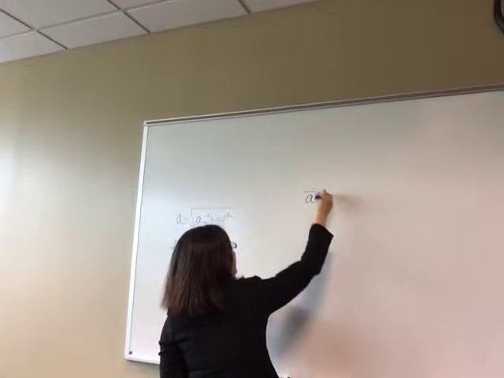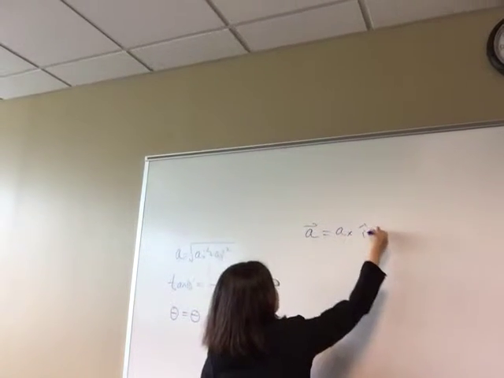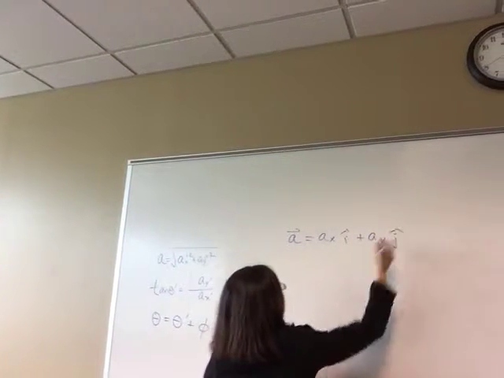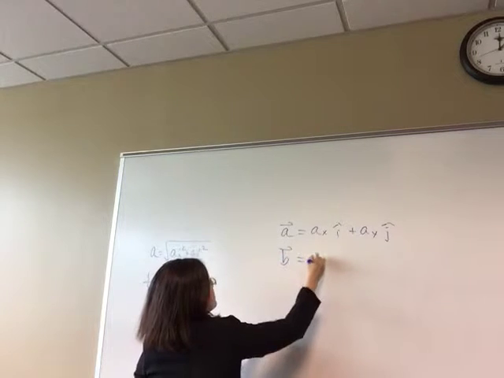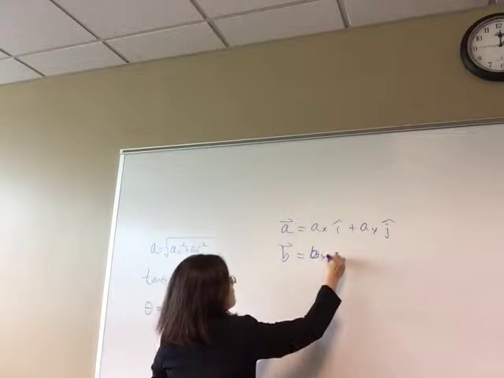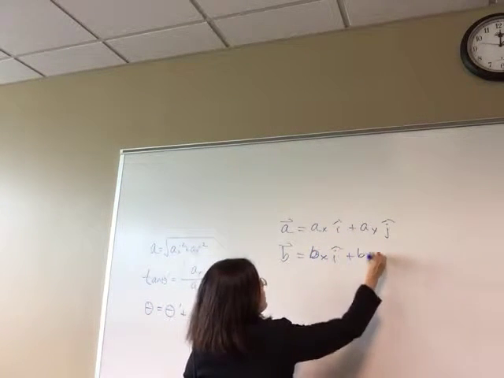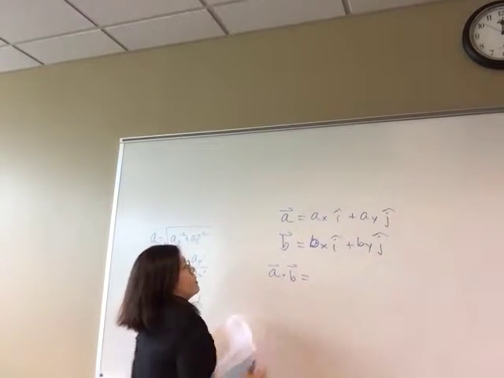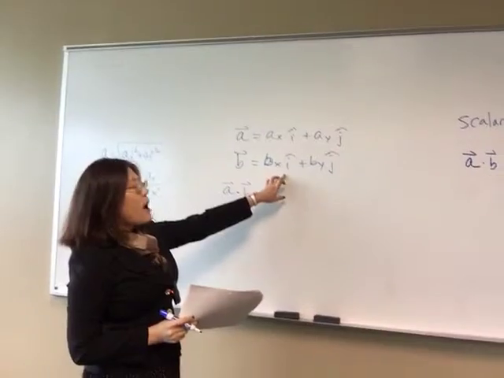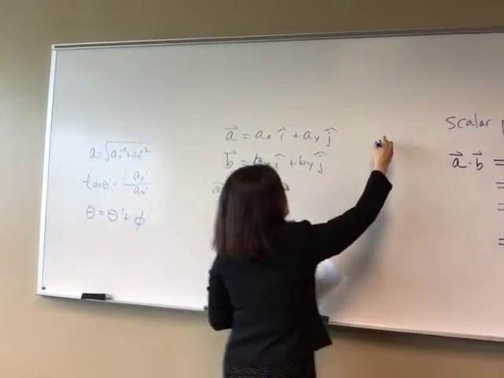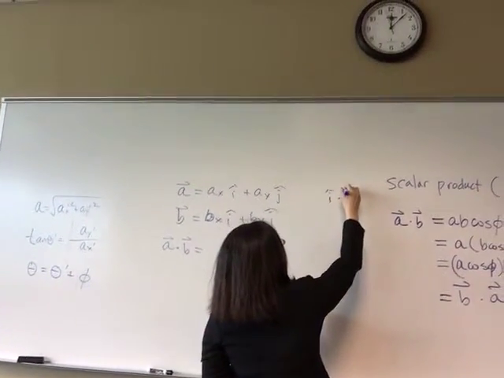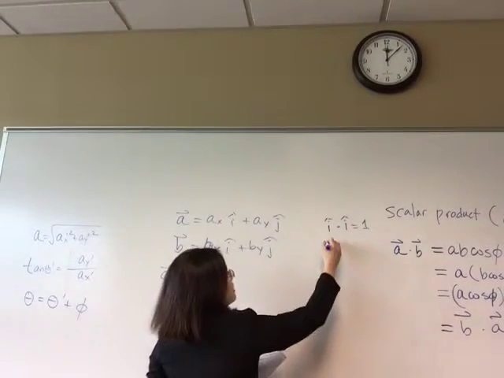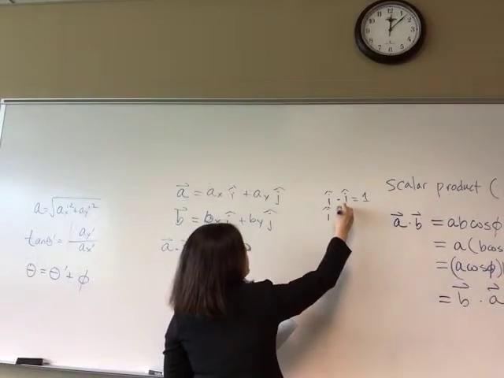So let's say A has an X component and a Y component, and your B has an X component and a Y component. When you do A dot B, the only thing that survives is I dot I. I dot I gives you 1, I dot J gives you 0.